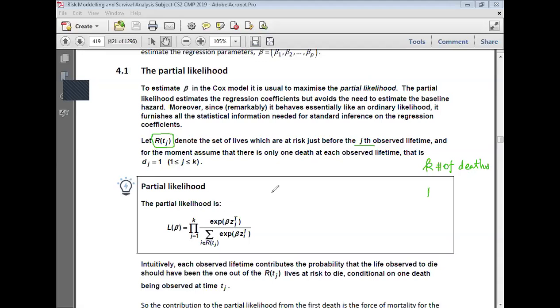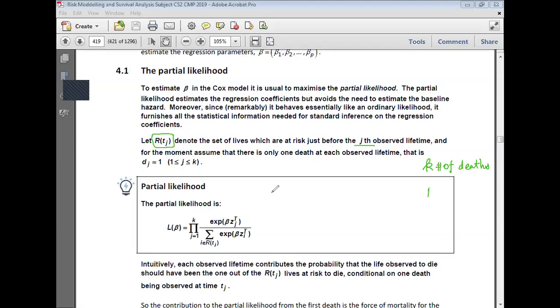Here, the numerator corresponds only to the jth life, which died. The denominator is just summing up across all the lives that are exposed to the risk of being dead.